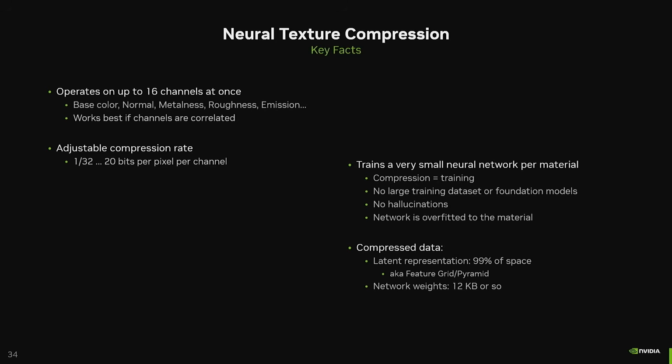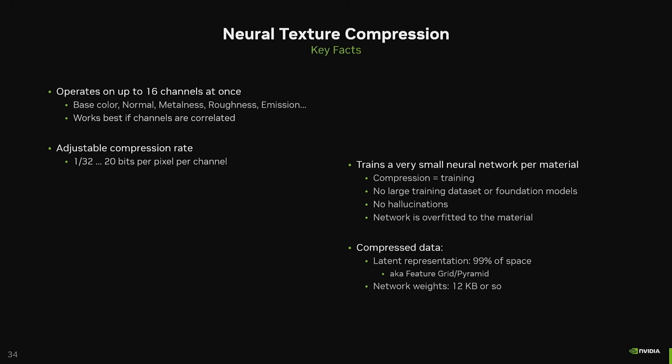NTC has very widely adjustable compression rate, ranging from 1/32 to 20 bits per pixel per channel, depending on the number of channels. You can adjust, and depending on the content, of course, you can adjust it in a very wide range of compression ratios. Like if you have a very simple material, you can spend less data on it. If it's more complex, then you can spend more data on it and get higher quality.